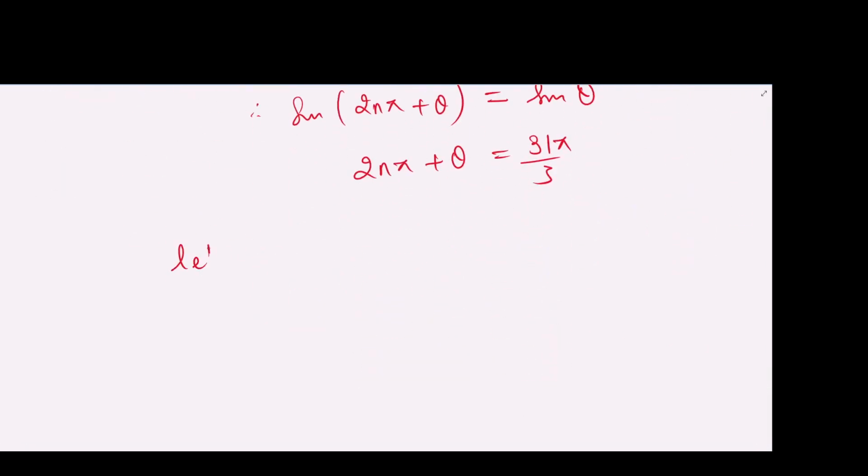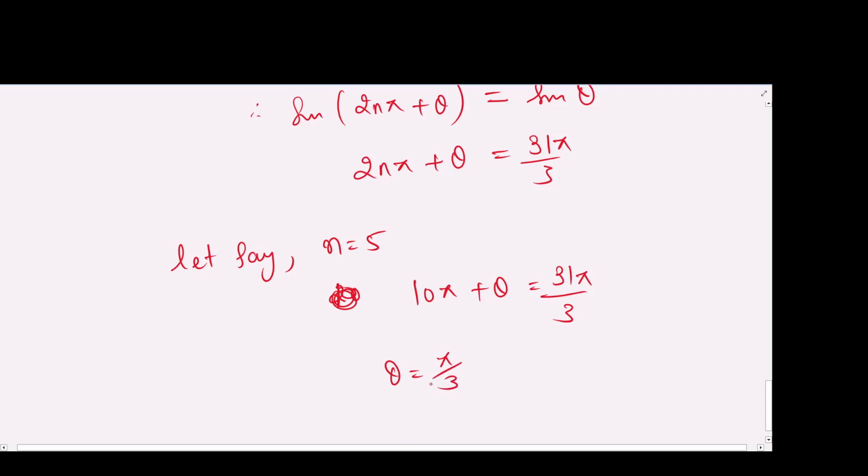So let's say n equal to 5. So 2n pi will be 10 pi. So 10 pi plus theta is equal to 31 pi by 3. So theta will be pi by 3.